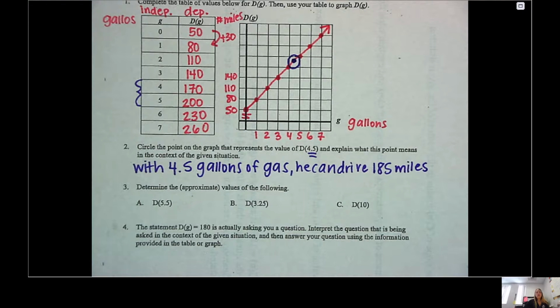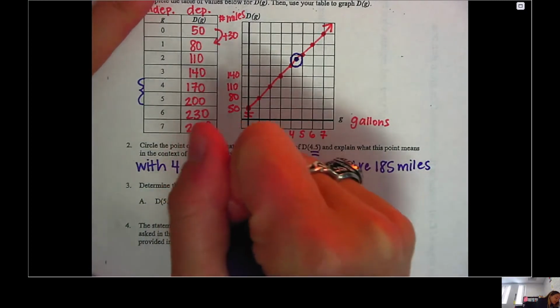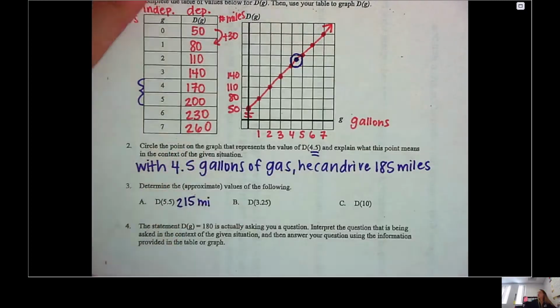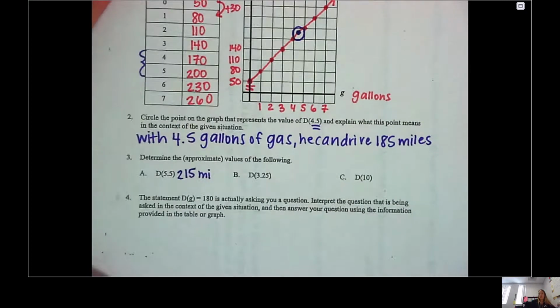Okay, so with about 5.5 gallons of gas, about how far can you go? About 215 what? Miles. Make sure you label your answer. Right, I gotta know what you're talking about. About 250 miles, good. What about 3.25? Didn't do that one.